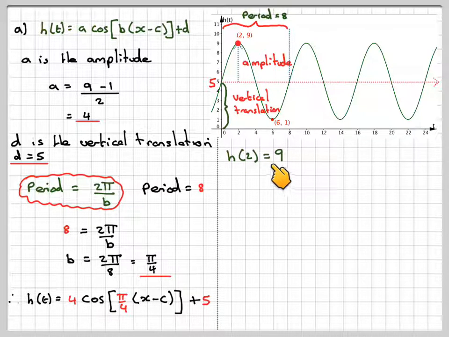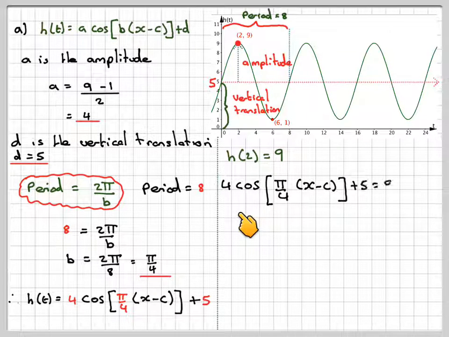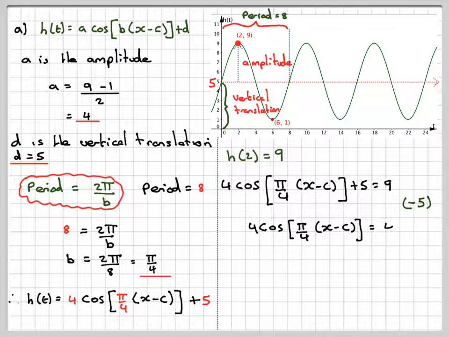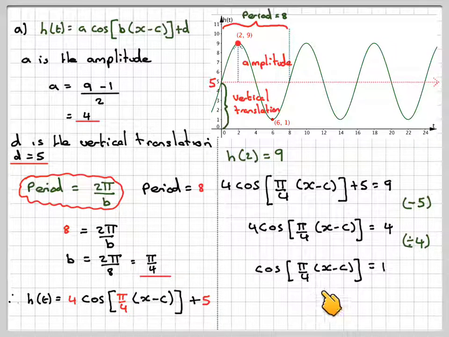So we know that h of 2 is 9, so we can use this point. Solving the equation at that point, 4 cos(pi by 4 (x minus c)) plus 5 is equal to 9. Taking 5 from both sides, we get 4 cos(pi by 4 (x minus c)) is equal to 4, and then dividing through by 4, we get cos(pi by 4 (x minus c)) is equal to 1.